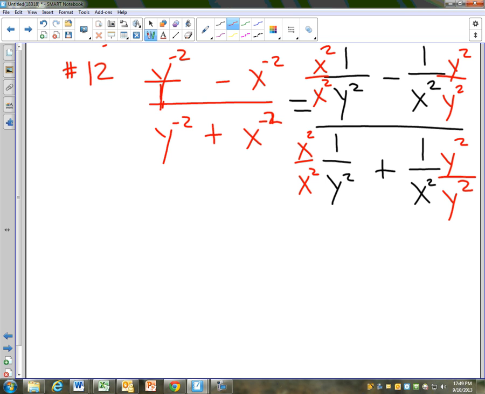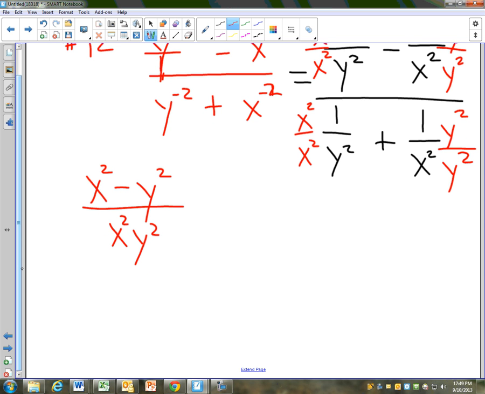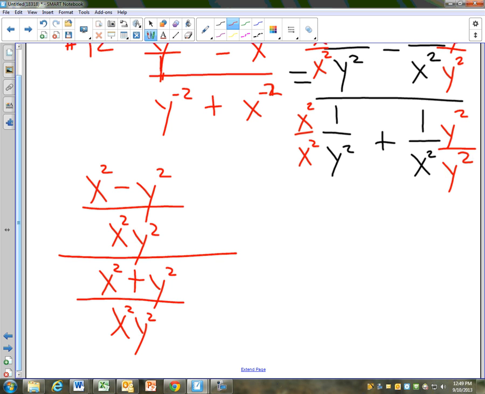Let's write the new fraction. What's the fraction in the top? X squared minus y squared over x squared, y squared. The fraction in the bottom, x squared plus y squared over x squared, y squared.